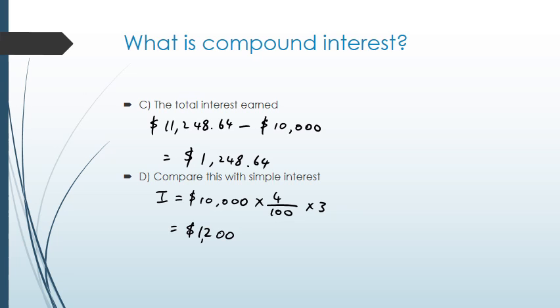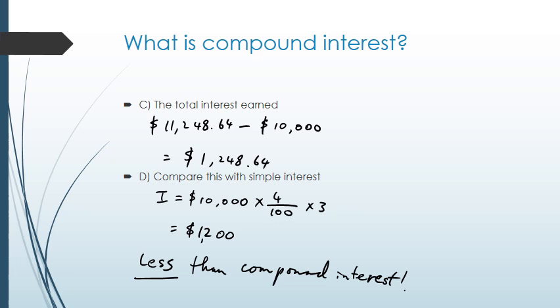Notice that that is less than the compound interest. That's usually the reason why, if you have a compound interest account, you will more likely earn more money by putting it in one of those.